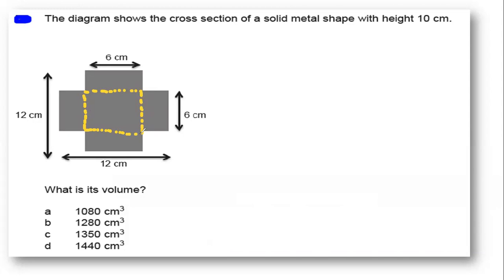It's not like a rectangle or a triangle, like a plane shape. It's an irregular shape, so we have to do that to get the area. So we're going to find the area of this piece and this piece, and add them up. All right, so let's get on with it.